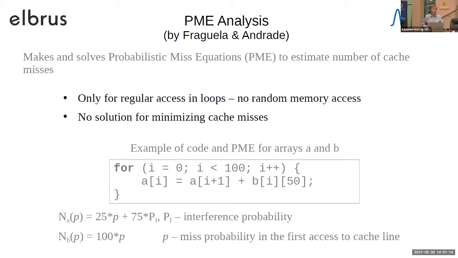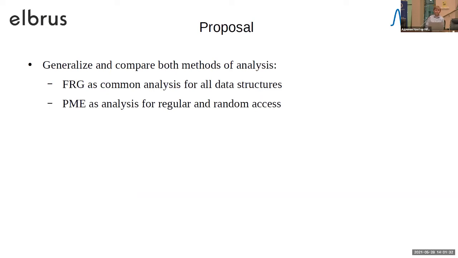They mentioned that it's possible to use this approach for compiler optimizations, but they didn't show how to solve this. So we propose firstly to look at both these methods and to generalize them, because they both have some problems of generality.